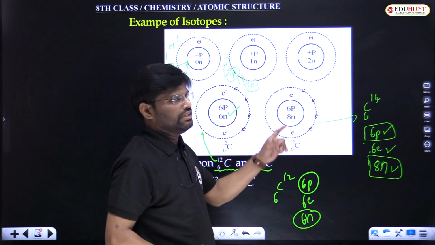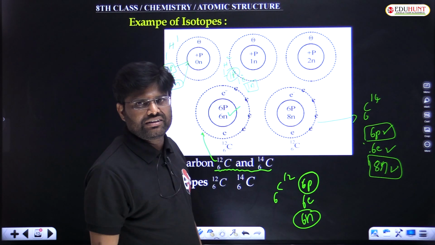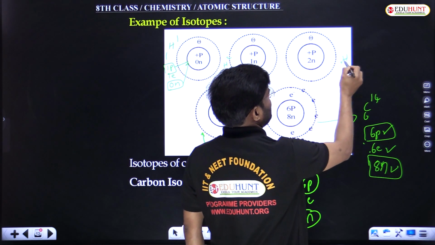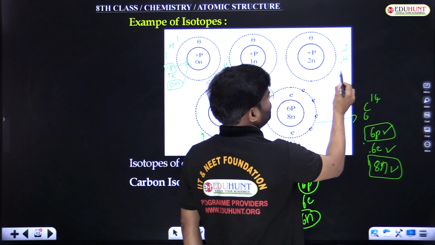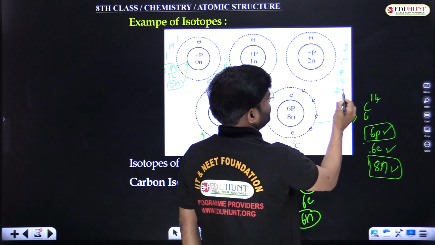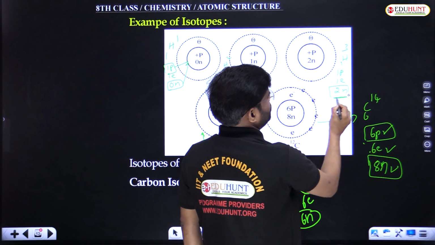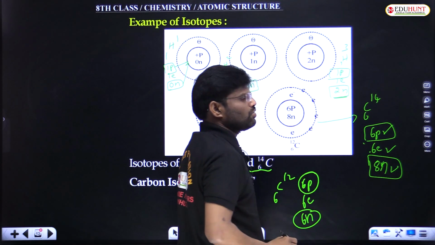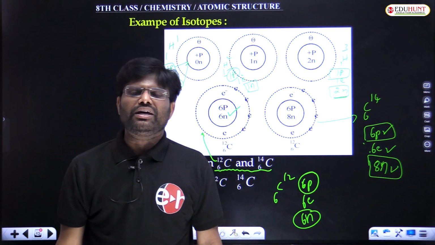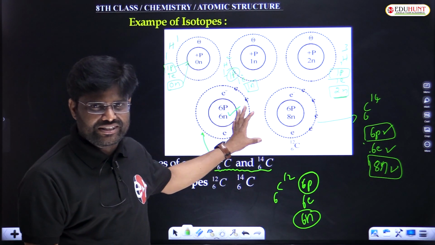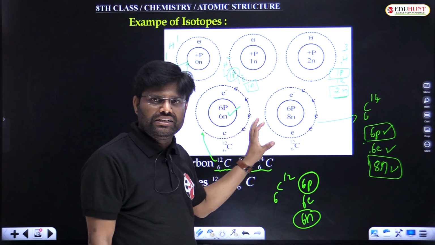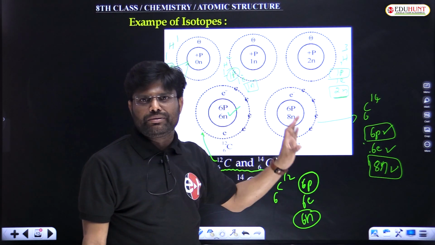These two are present at the center. Next, 1H3: protons 1, electrons 1, and 3 minus 1, so 2 neutrons, with the 1 proton at the center of the nucleus. This is the structural representation of the isotopes of hydrogen and carbon.